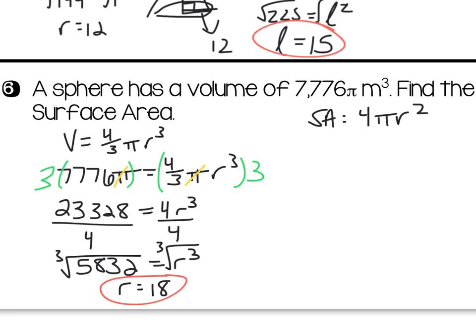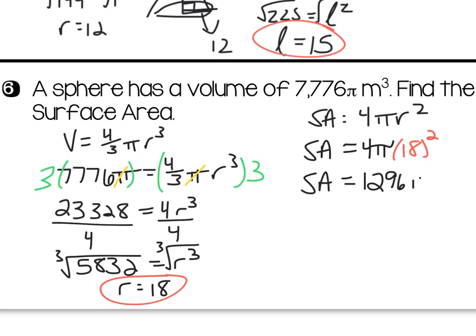And now I have what I need to substitute into my surface area formula. So surface area is 4 pi times a radius of 18 squared. So my surface area equals 1,296 pi.